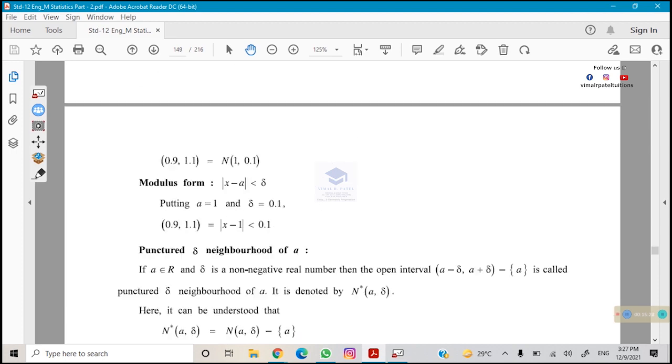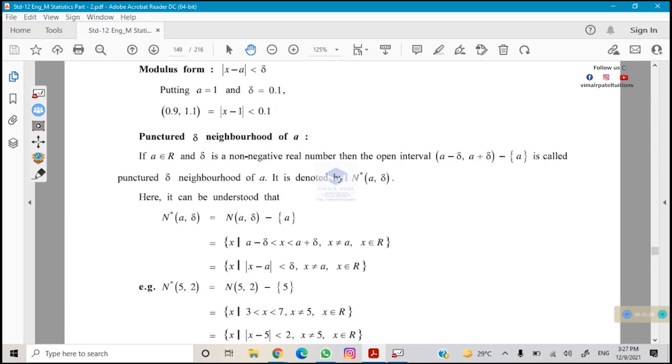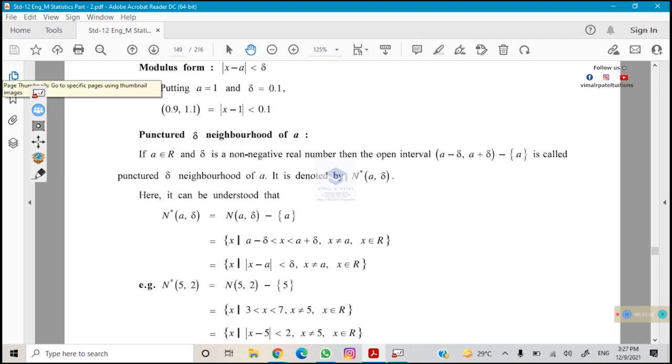Now, punctured delta neighborhood of A. If A belongs to R and delta is any non-negative real number, the open interval A minus delta and A plus delta, except A, is called punctured delta neighborhood of A. Means it can possess any value except A. That is called punctured neighborhood.